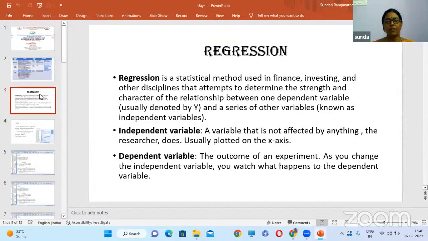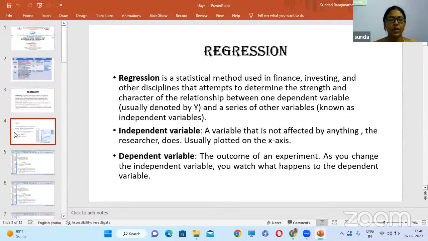Therefore, wherever we have certain factors in our study which depend on something, that is known as our dependent variable. The researcher has to be clear about what is an independent variable and what is a dependent variable in a study. Only based on the dependent and independent variables will our entire research analysis be done.